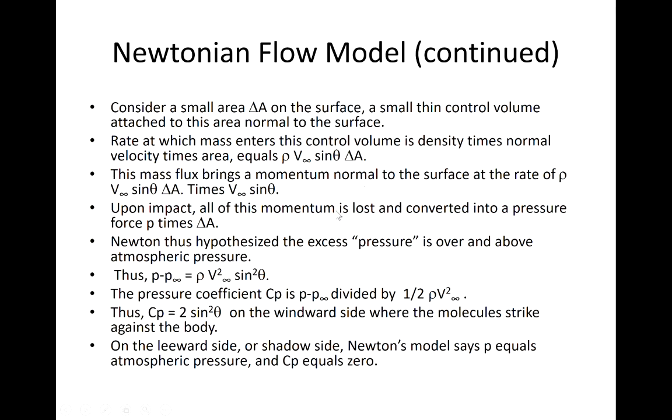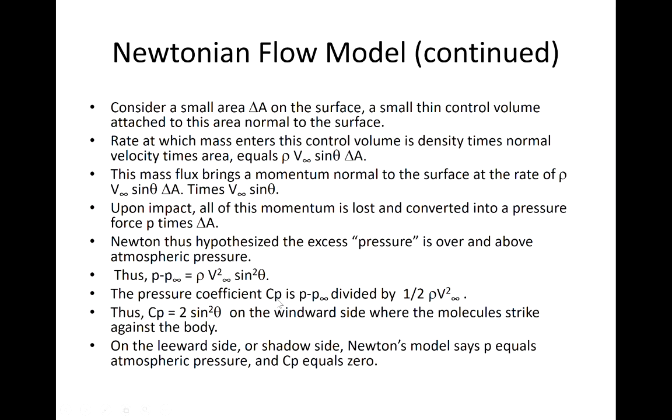So upon impact, all this rate of change of normal momentum gets converted into a pressure over and above atmospheric pressure, or an excess pressure, which we normally call a gauge pressure. Pressure times area is a force. So this is the force. If you divide it by area, then you get this.